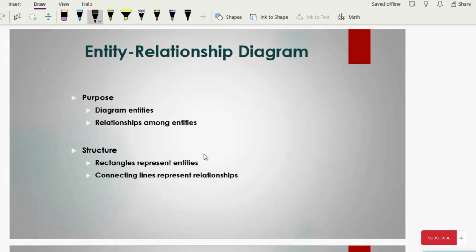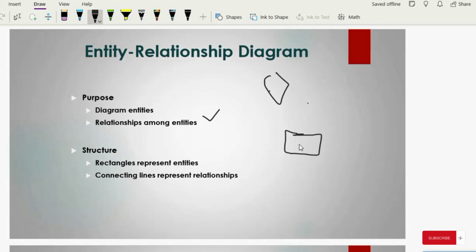So we design entity relationship diagram to explain these relations between different entities. The purpose of this diagram is to define the relationships among the entities. It has a proper structure. I cannot use any shape I want. I need to use different rectangles to present different entities. Three items could be entities. We are discussing REA model, so resource, event, and agent model.